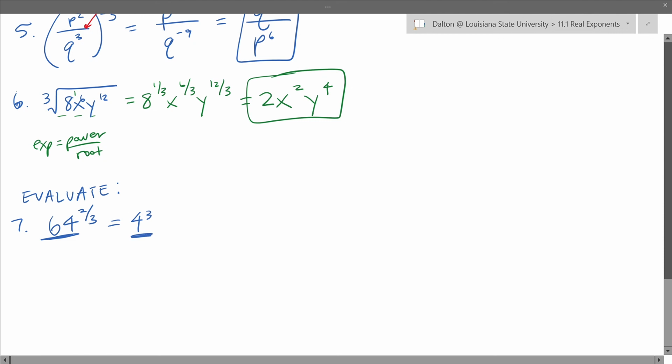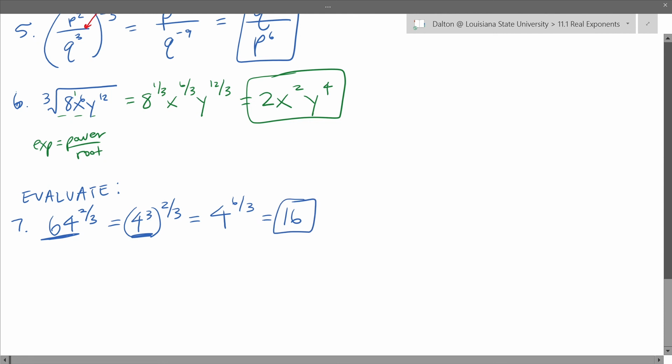So if you take, instead of 64, put 4 cubed and write 4 cubed to the 2/3 power. And then did your power rule where you multiply 3 times 2/3. So 3 times 2/3 would be 6/3. And 6 divided by 3 is 2, and 4 squared is 16.